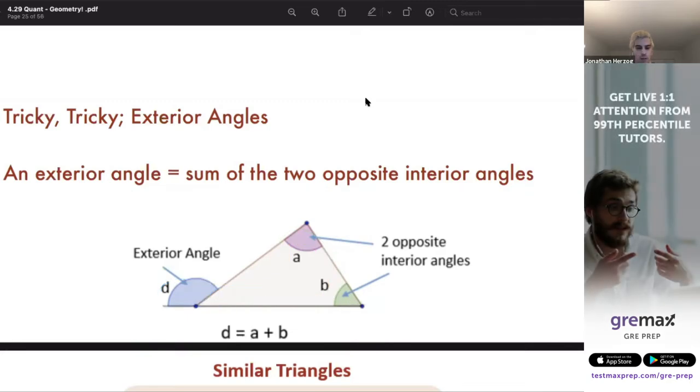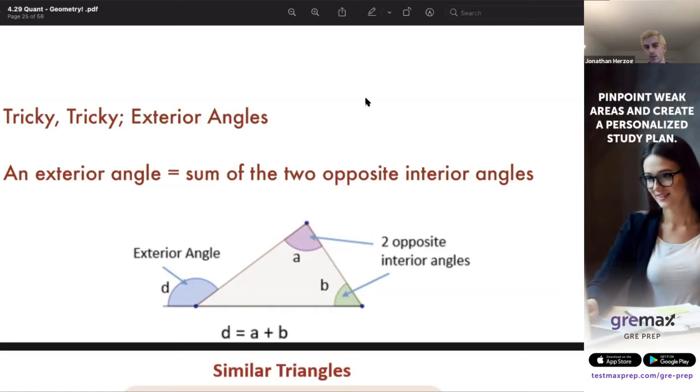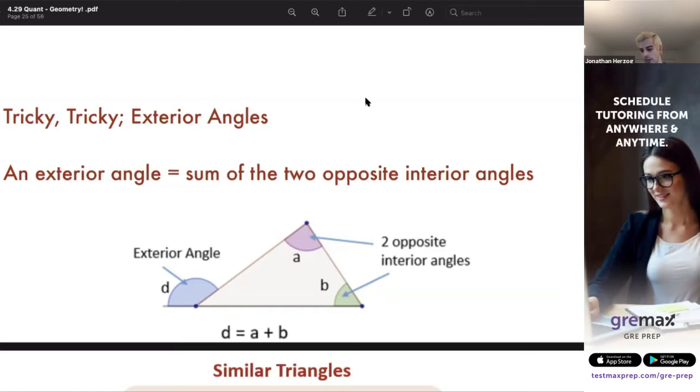Again, we can rederive it and prove it to ourselves with transversals, with intersecting lines, with definitions of the angles and lines and triangles. But for now, let's pause it. The exterior angle is equal to the sum of the 2 opposite interior angles in a triangle.